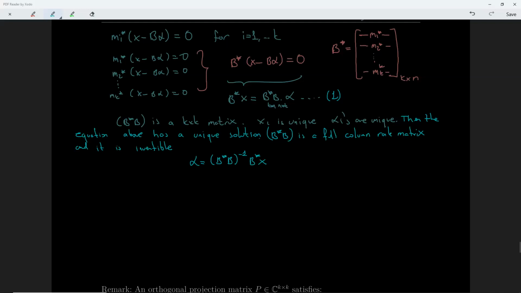And if you remember, x1 was equal to B times alpha.